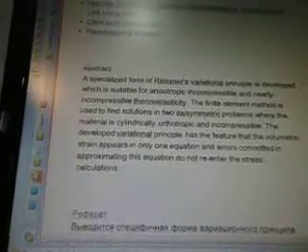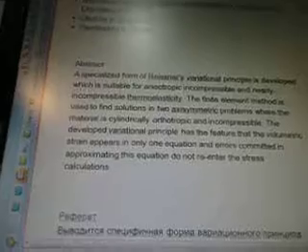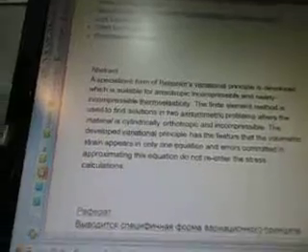The finite element method is used to find solutions in two axisymmetric problems where the material is cylindrically orthotropic and incompressible. The developed variational principle has the feature that the volumetric strain appears in only one equation, and errors committed in approximating this equation do not re-enter the stress calculations.